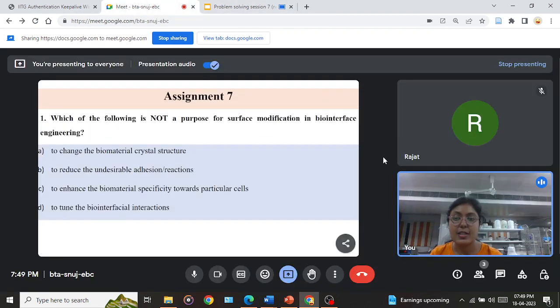Okay, so let us discuss the answer to this one. So first option is A, that is to change the biomaterial crystal structure.